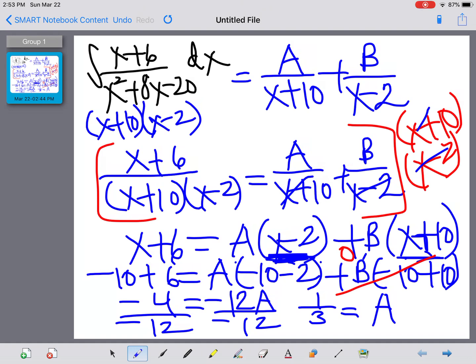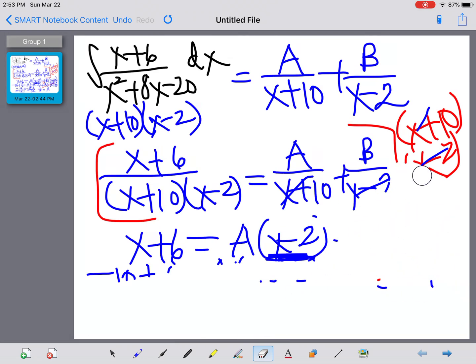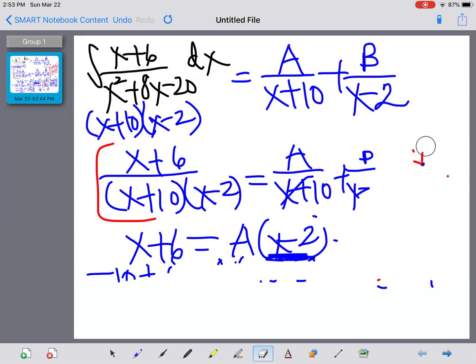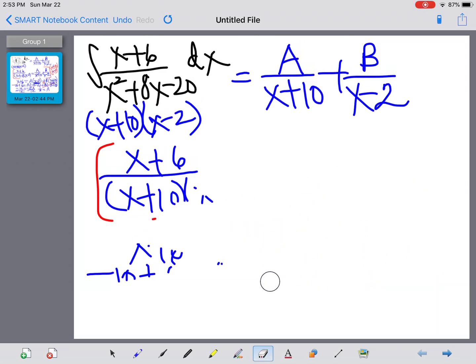So let's go back to the very top and plug in A and B respectively. And once we plug in A and B, we can integrate each fraction pretty easily.